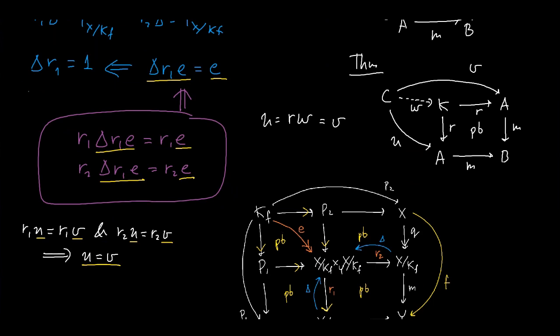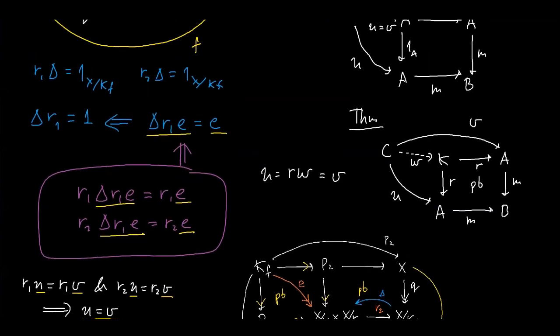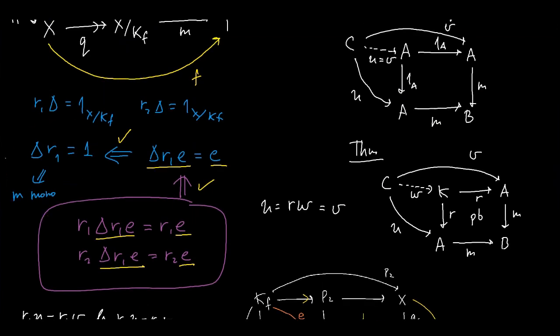First, let's prove this, but actually, no, let's first explain why this will imply that M is a mono. So now we are unpacking this implication. Okay, just to double check, Alexander, are you happy with these two implications so far? Yeah. Okay, now let's unpack this implication.